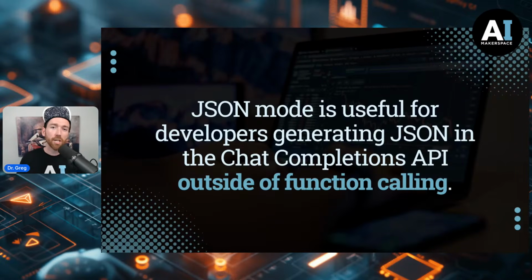JSON mode is going to be useful outside of function calling. And more generally, we can think about having a specific type of output, having a structured output that we can know and define and rely on. This is going to be a key to building applications in the future.